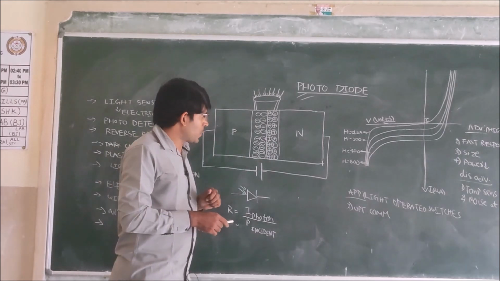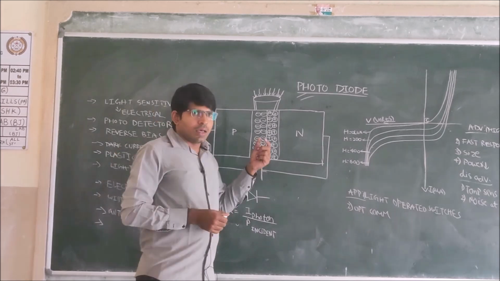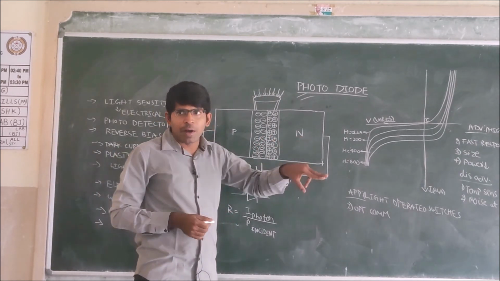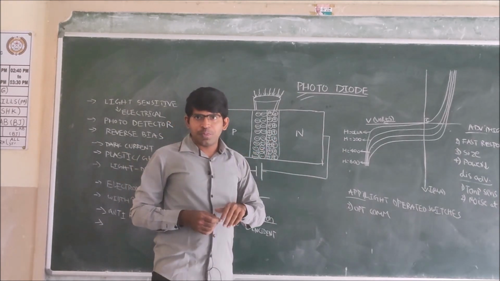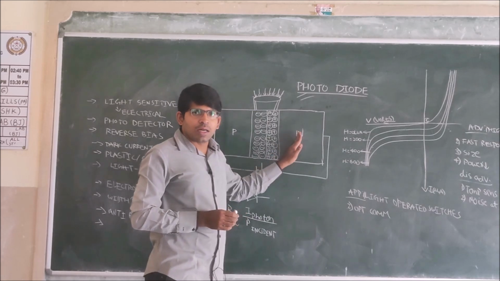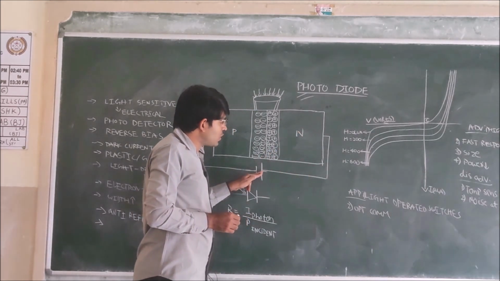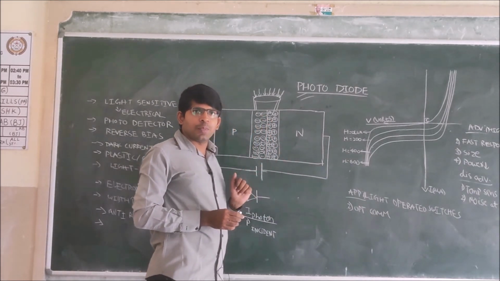We will discuss now. When we connect a diode in reverse bias, the depletion region width increases with the increment of the applied voltage. Here the majority carriers are electrons. The electrons are moving towards the positive terminal of the battery.